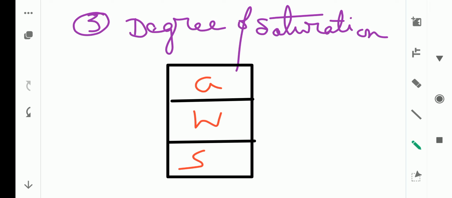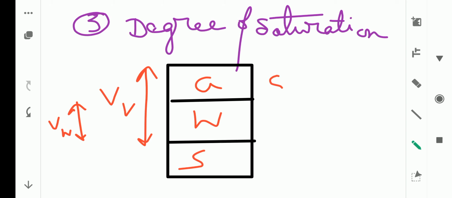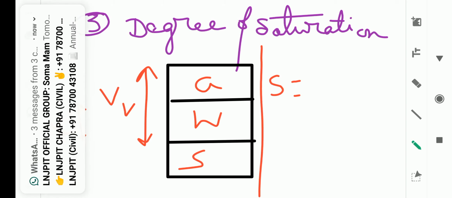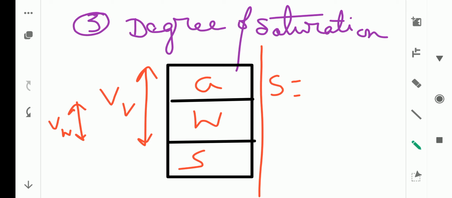Now degree of saturation states that with respect to the volume of voids, what is the volume of water. So degree of saturation, or S, is defined as volume of water to the volume of voids. You can multiply it by 100 to get it in percentage, right?